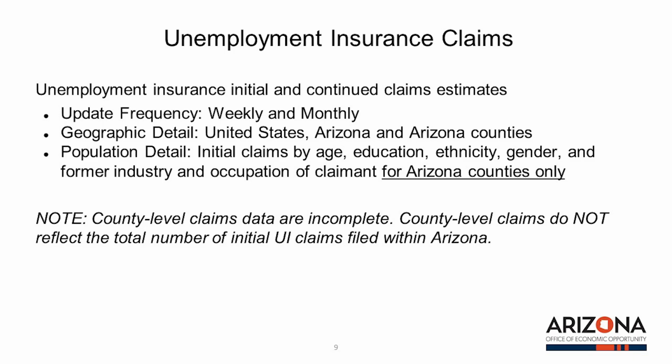Moving on to some different unemployment indicators that we've been looking at, especially since COVID-19 started. We've been looking at unemployment insurance claims: people who initially file for unemployment and people who continue to receive unemployment claims. These are updated each week, and then they're put together each month as well. The official claims are reported nationwide and statewide.